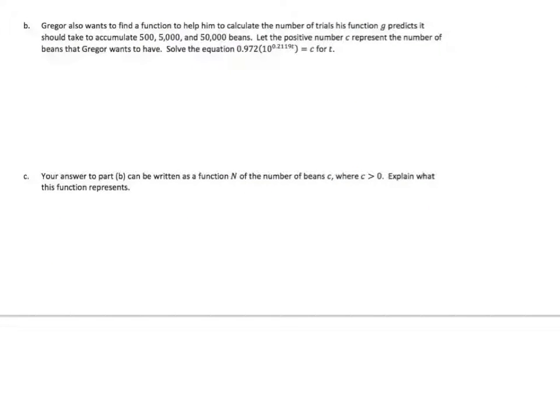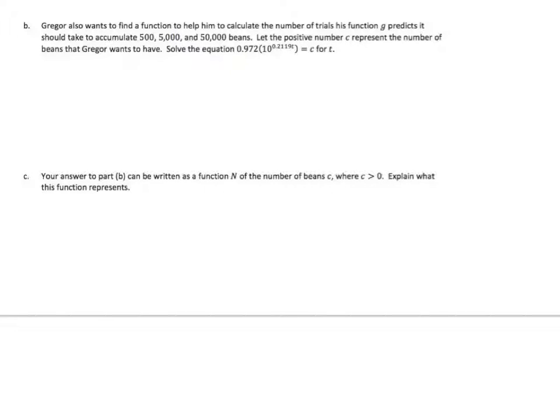Gregor also wants to find a function to help him calculate the number of trials his function G predicts it should take to accumulate 500, 5,000, and 50,000 beans or buttons. Let the positive number C represent the number of beans that Gregor wants to have. Solve the equation for T. No problem.